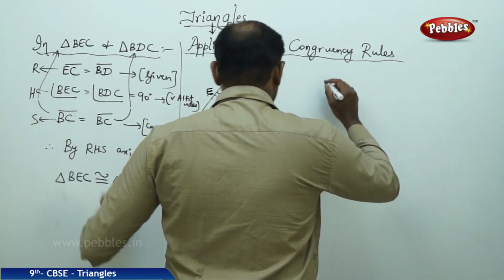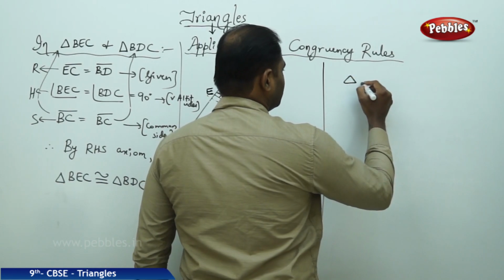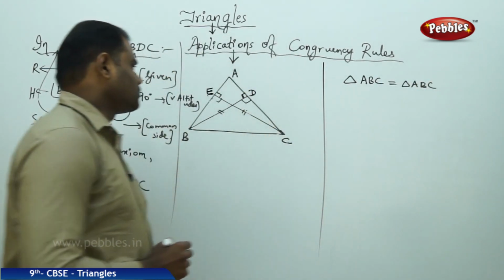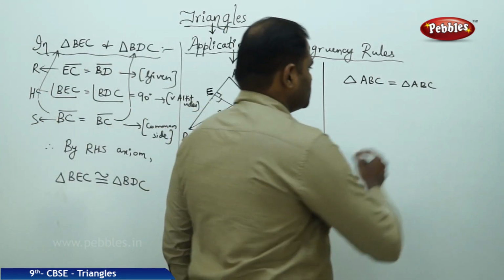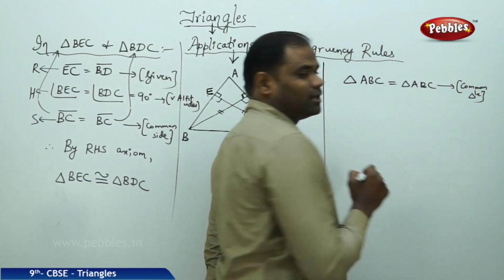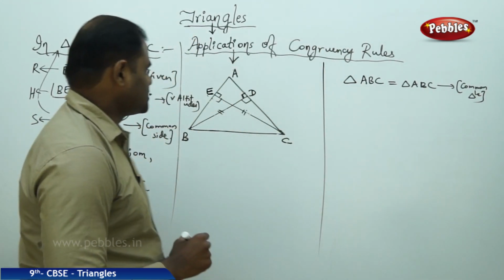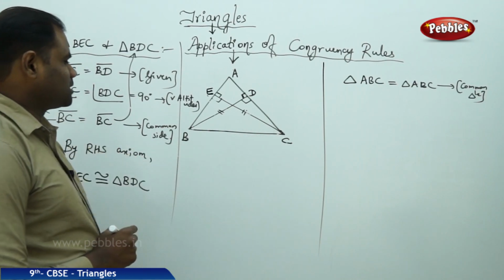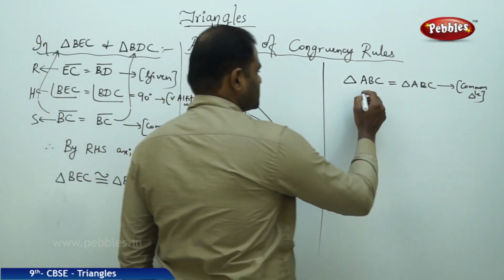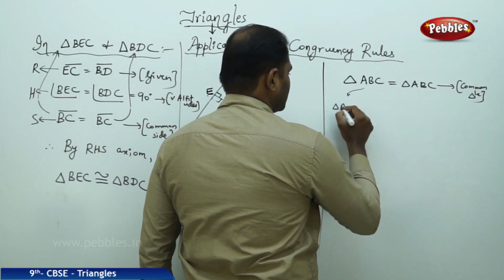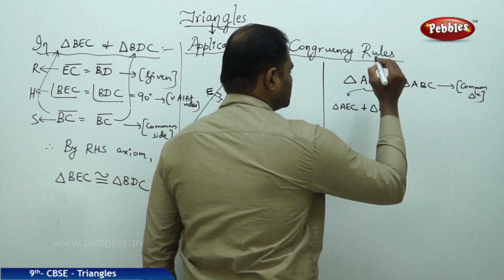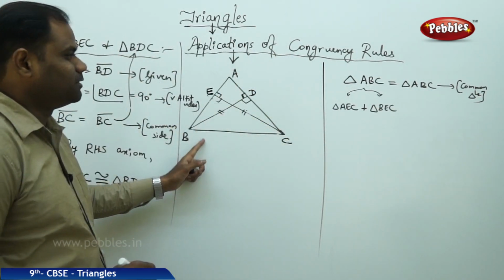Imagine I continue here that area of triangle ABC is equal to triangle ABC because the two triangles are the common triangles. So this being the common triangle, they are equal to each other. Now as I see here, my triangle ABC can be split as AEC plus BEC, as can be clearly seen here.